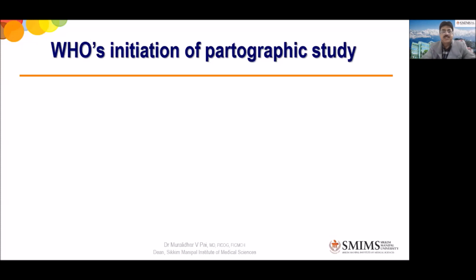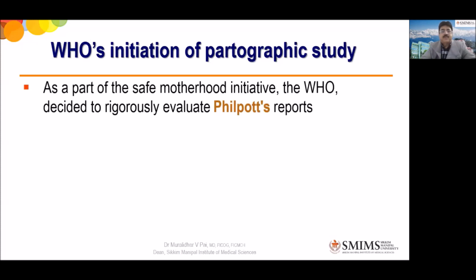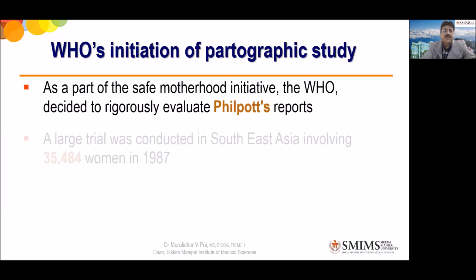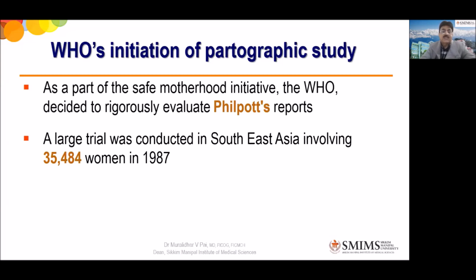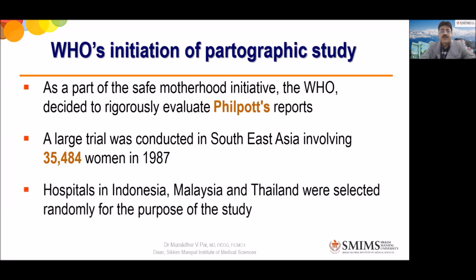WHO took some initiative, and as a part of the Safe Motherhood Initiative, it decided to rigorously evaluate Philpot's reports, and a large trial was conducted in Southeast Asia involving 35,484 women in 1984. The hospitals in Indonesia, Malaysia, and Thailand were selected randomly for the purpose of the study.